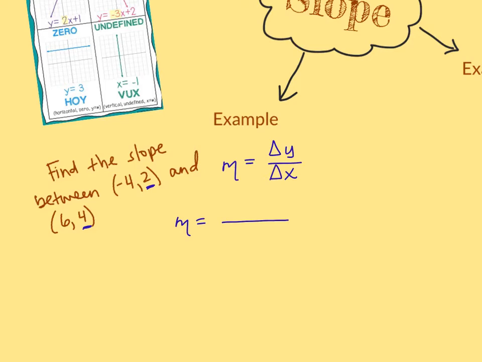If I do 2 minus 4 for the y's, then when I work my x's I have to go in the same order. Since I started with this coordinate point here, I need to start at the same coordinate point with that x value. So negative 4 minus 6. In our numerator we'll have negative 2, and in our denominator we'll have negative 10, and that will simplify to a positive 1/5.